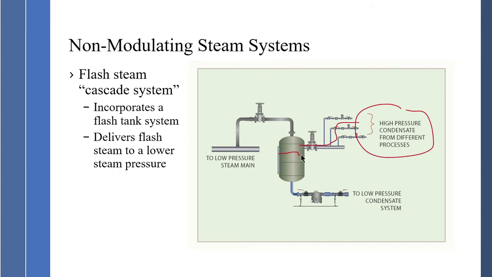We separate the condensate here and drain it back to a lower pressure condensate system. The flash steam is then delivered to a lower steam pressure, and that can be put into other processes. That is called cascade, which is used all the time. There are plants that will cascade 6-7 times in their steam and condensate systems to recover the flash steam.